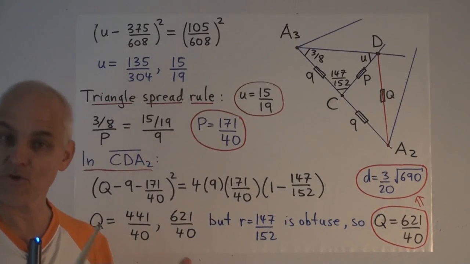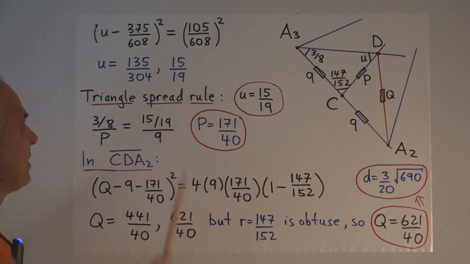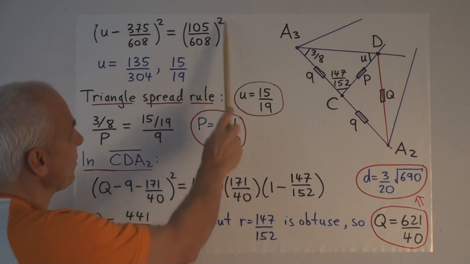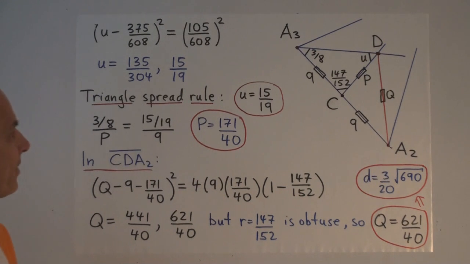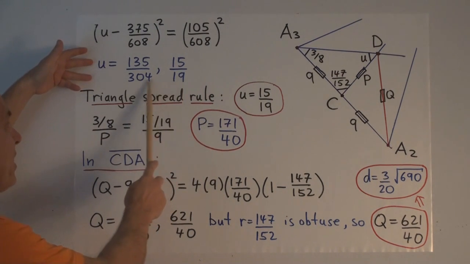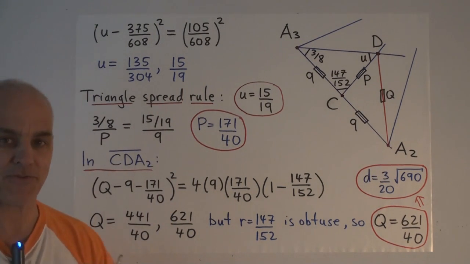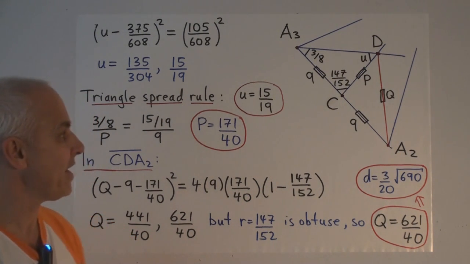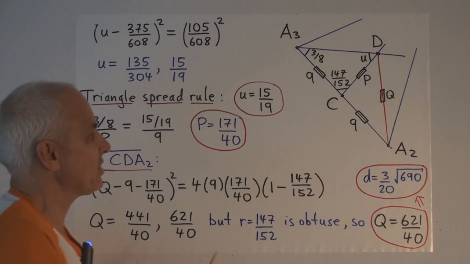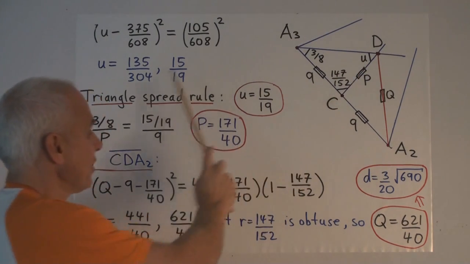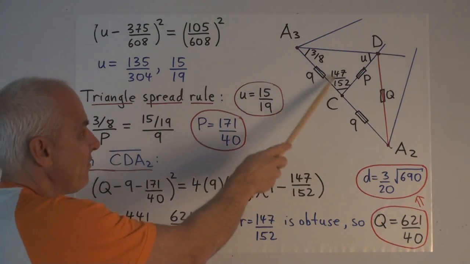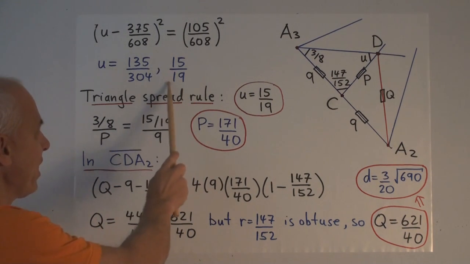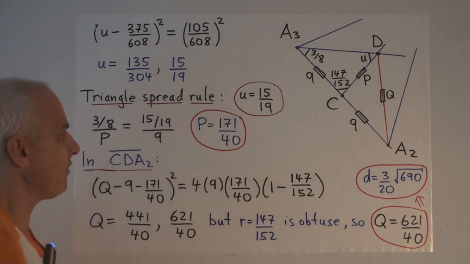So that quadratic equation simplifies to this thing here. And conveniently, the right-hand side is a square. So pleasantly, we get two rational solutions. And the triangle spread rules tell us that in such a case, we need to take the bigger solution because both of these values are acute. The bigger one is 15 over 19, and so that's our value of u.